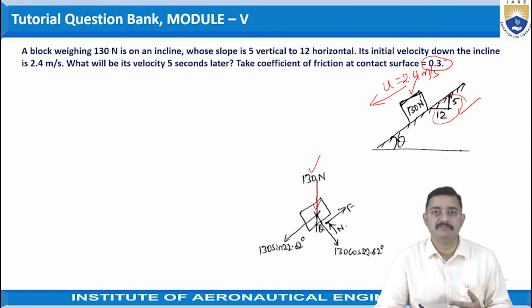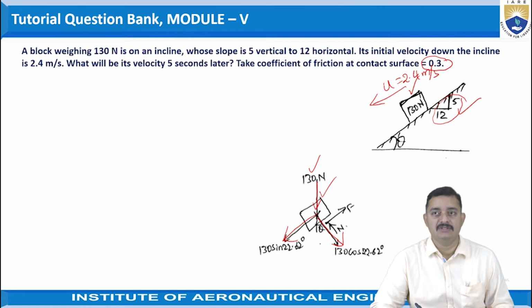and this vertically downward force will not be normal to the inclined plane. So what we need to do is convert this vertical force into its mutually perpendicular components: the force along the plane direction and the force normal to the plane direction.